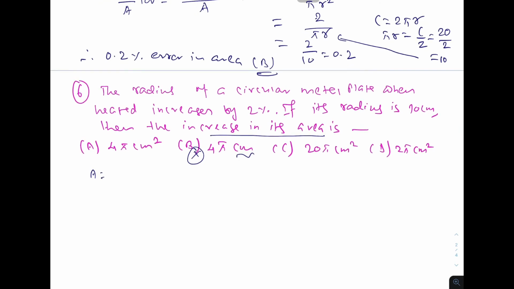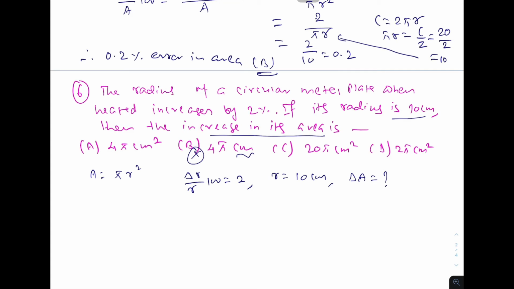Now what is the formula? A equal to pi r square. Then what you are given? Radius of a circular metal plate when heated increases by 2%. So radius increases by 2%, delta r by r into 100 equal to 2. When its radius is 10 centimeter, so when r equal to 10 centimeter, increase in its area, so delta A we need to find.